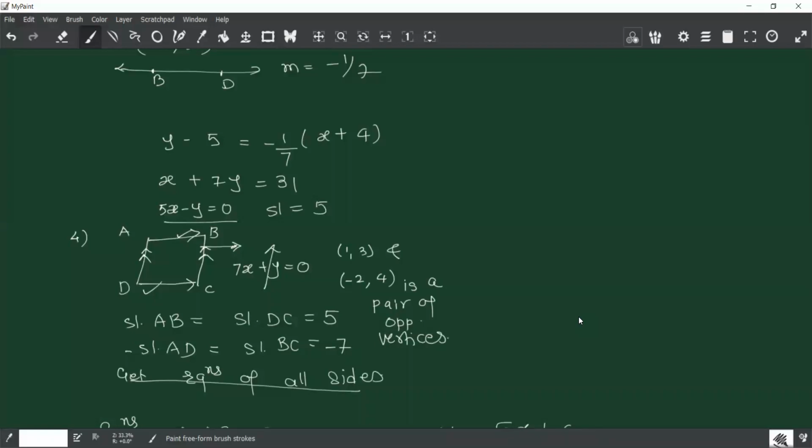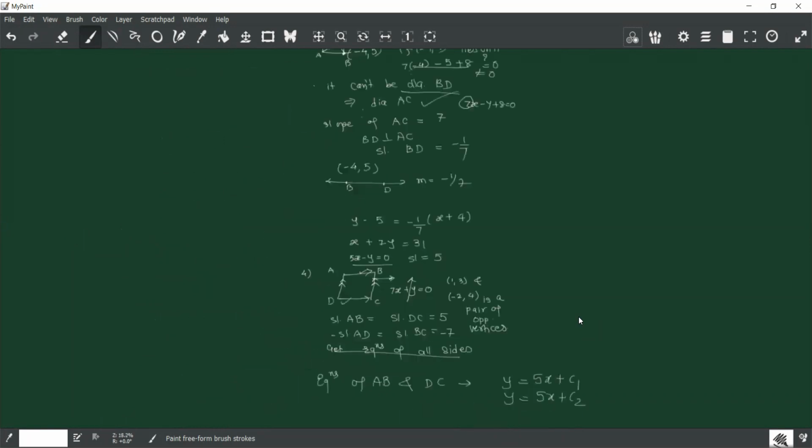Okay. Then they have given you one pair of opposite vertices. 1, 3 and -2, 4. कोई भी point ले लो. You have to get equations of AB, BC, CD and AD. तो अगर you know what I'll do is मैं अभी छोटा करती हूँ तो तुम लोग सब देख पाओगे.